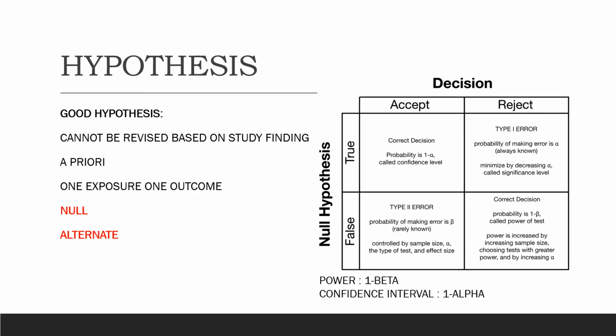Whereas alternative hypothesis, which is often denoted by H1, is usually directional and has an expectation which it wants to gather. But sometimes it may be non-directional as well, but we'll not get into that.